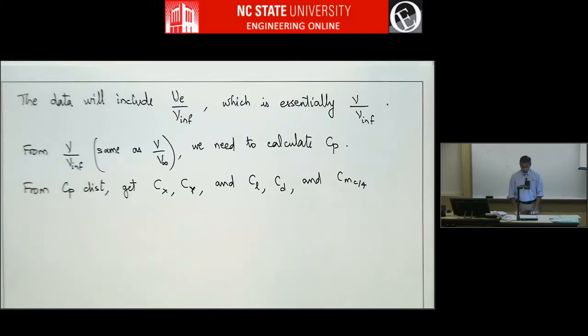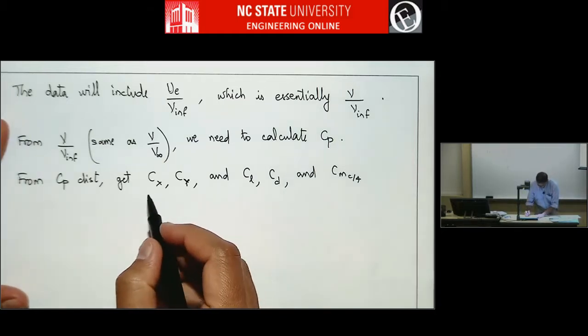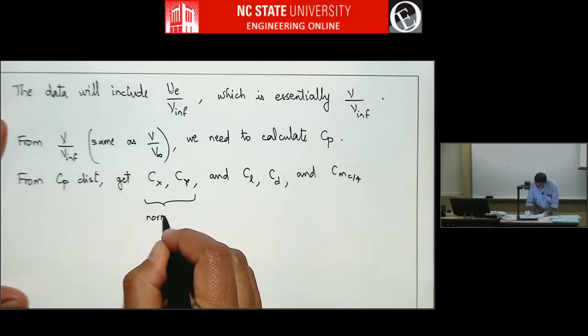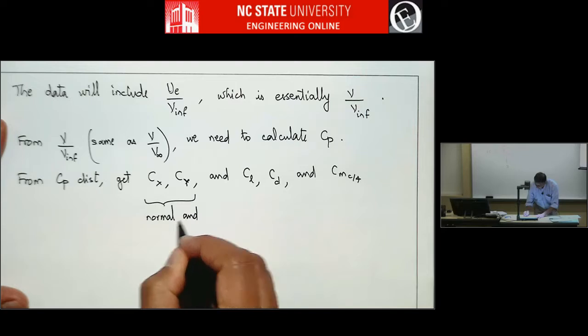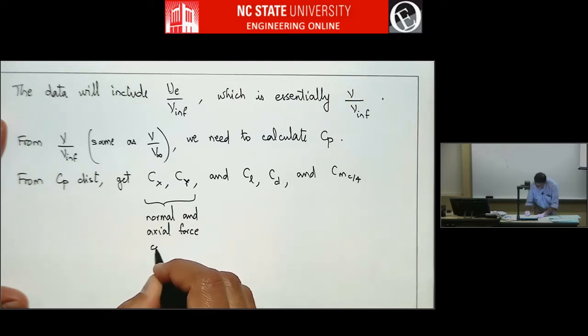So we'll be talking some more about how to get these things in this class and next class, but basically this is what you will be working on. So these two are the normal and axial force coefficients.